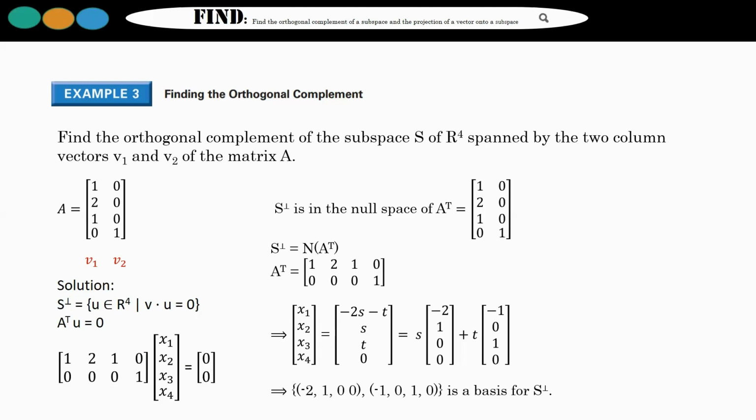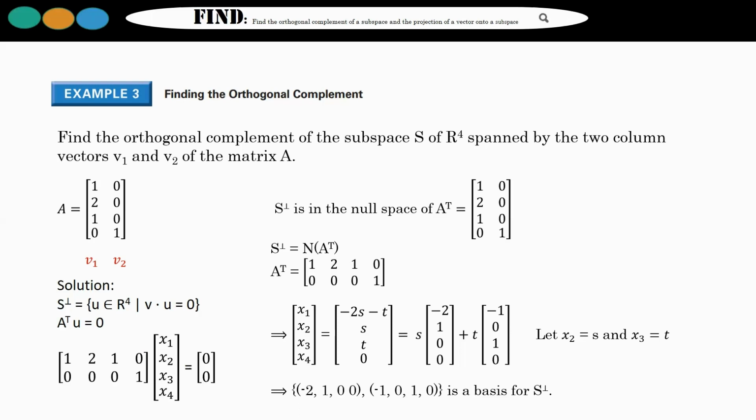So we now have x sub 1 is equal to negative 2 s minus t, where we let x sub 2 be equal to s and x sub 3 be equal to t, where x sub 2 and x sub 3 are the independent variables, and x sub 4 is equal to 0.